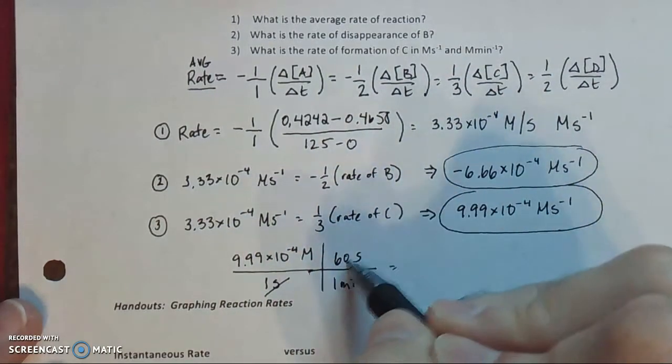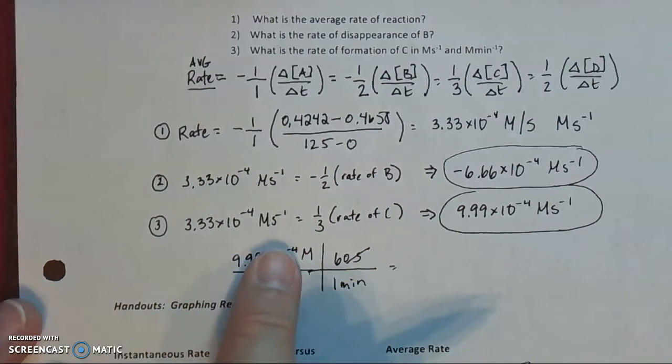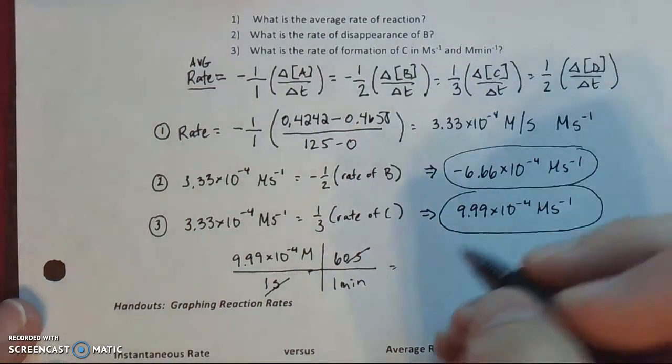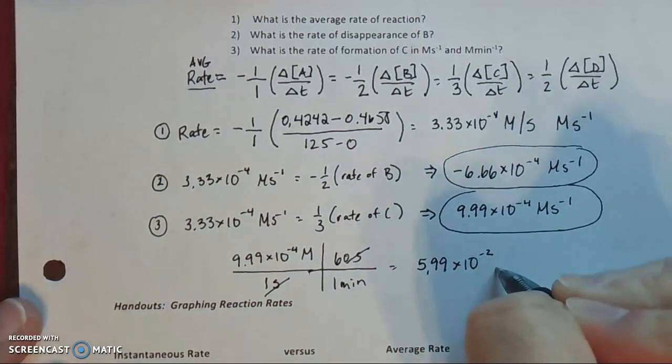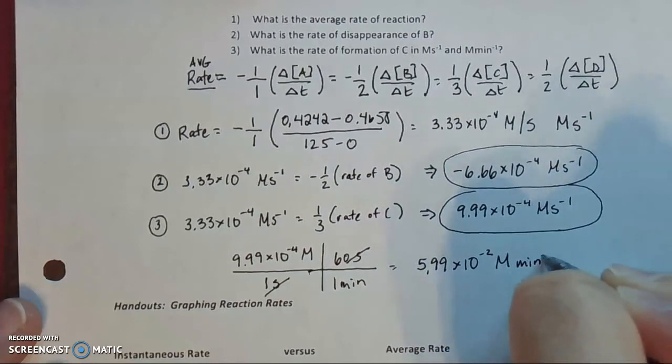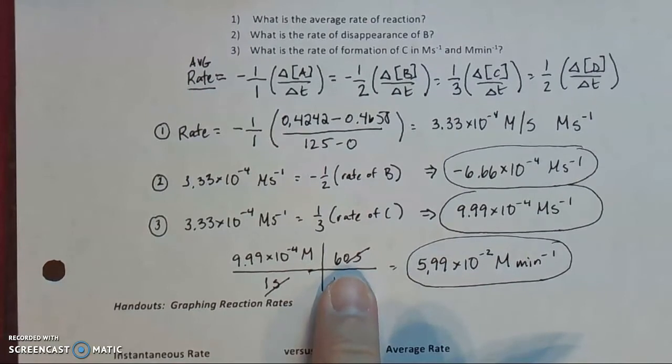I set it up like that so our seconds cross off. So I have to take 9.99 times 10 to the negative 4th times 60 to give me 5.99 times 10 to the negative 2nd molar per minute. Everybody usually makes a mistake and divides by 60, but you have to multiply by 60.